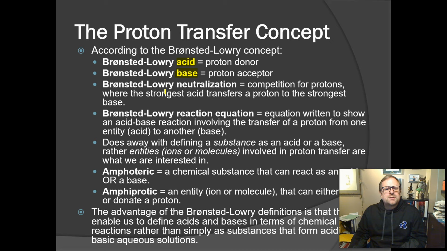A Bronsted-Lowry neutralization is the competition for protons, where the strongest acid transfers a proton to the strongest base. And a Bronsted-Lowry reaction equation, or what I would call a BLABRI, is an equation written to show the acid-base reaction involving the transfer of a proton from one entity to another, from the acid to the base.